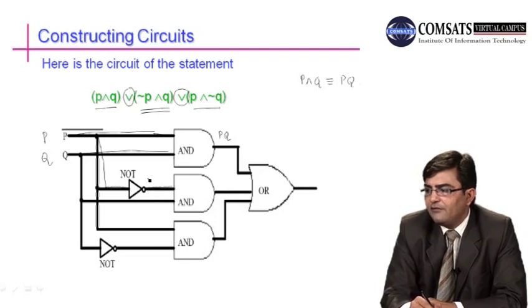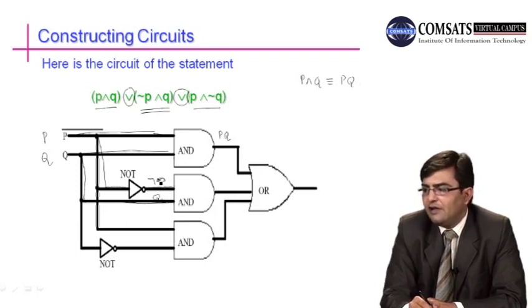Here we have not P, and we draw another line here which represents Q. Here we have not P, and here we have Q, and we construct an AND operator which gives us the output not P and Q. Here we have P and Q, the first expression, this one.